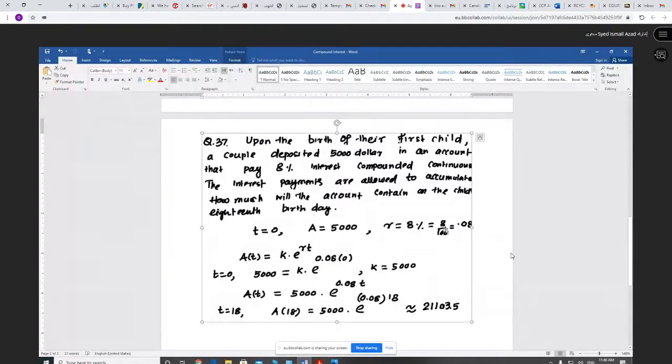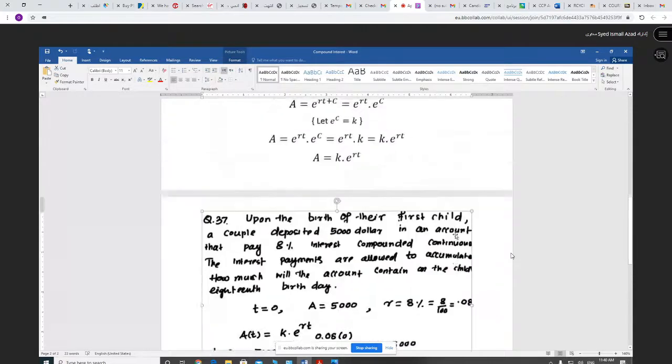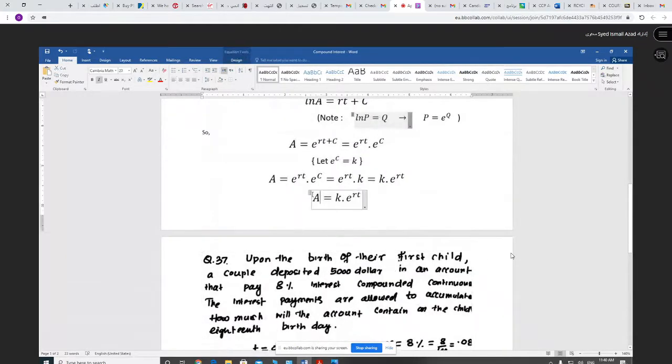You have to write it as a ratio, 8 divided by 100. You can use a calculator to convert this into a decimal: 0.08. So the rate is 0.08. These three values I will substitute in this formula.